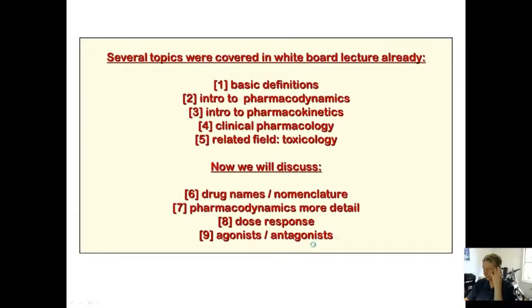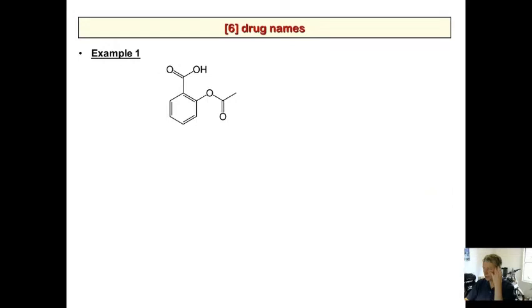All right, cool. We showed this molecule, and this of course is aspirin, as an example of drug names. Let's repeat this real quickly in this PowerPoint format. The IUPAC name is 2-acetoxybenzoic acid. Benzoic acid is the top part, and acetoxy refers to this piece.